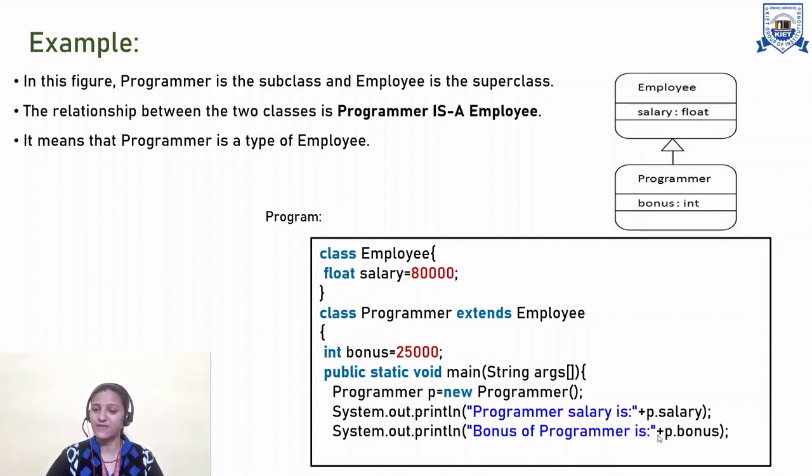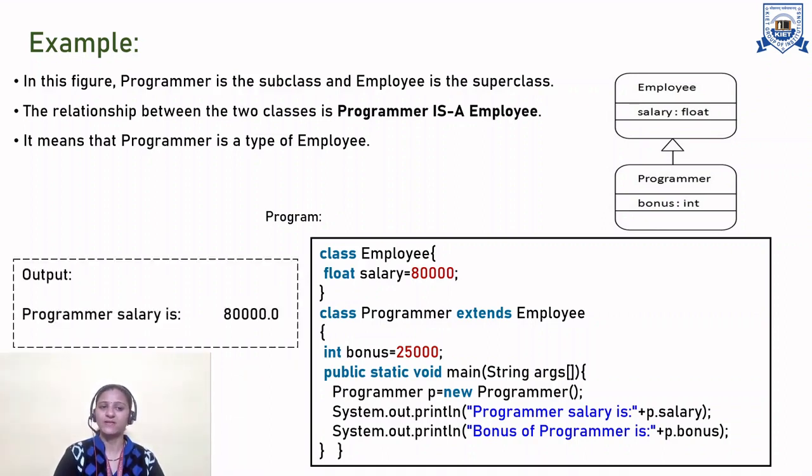It can be accessed with the help of this object P, and the attribute is bonus. So this child, the programmer, can have the benefits of both the attributes, its own and the one that belongs to its parent.